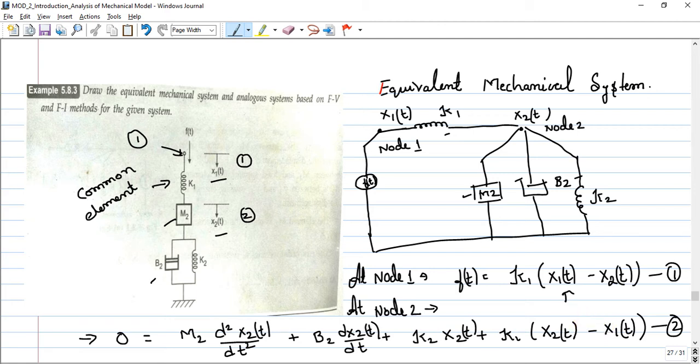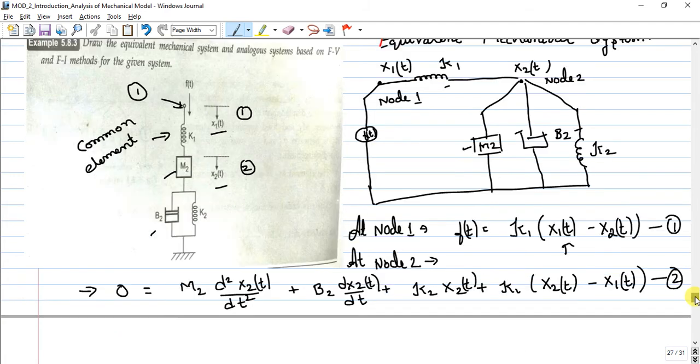Now, this is the differential equation with respect to the mechanical system. Okay, as I said, the same can be represented with respect to the electrical system. So we shall consider the force voltage analogy.